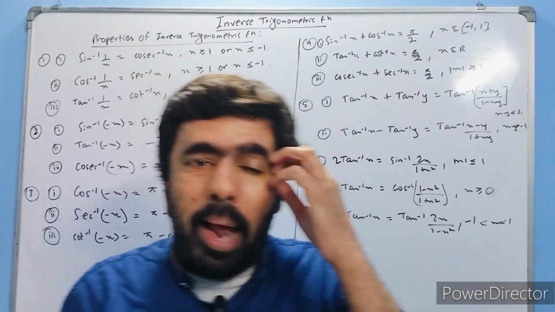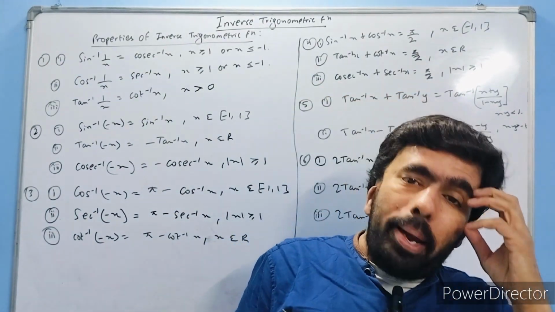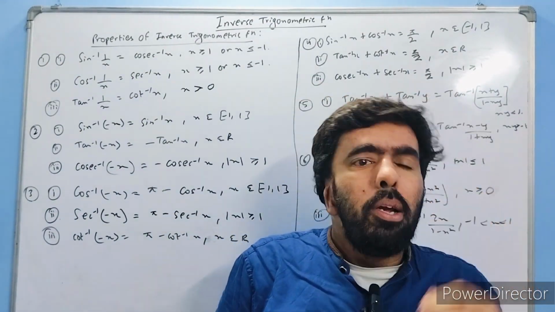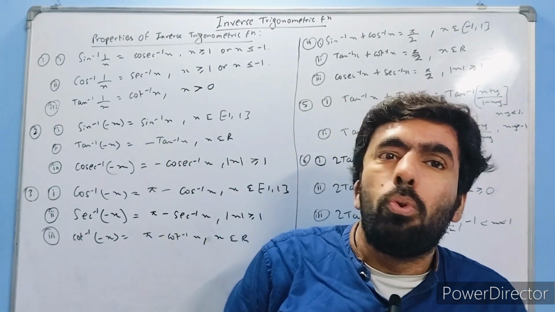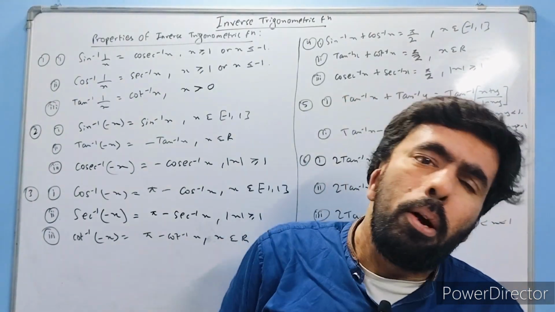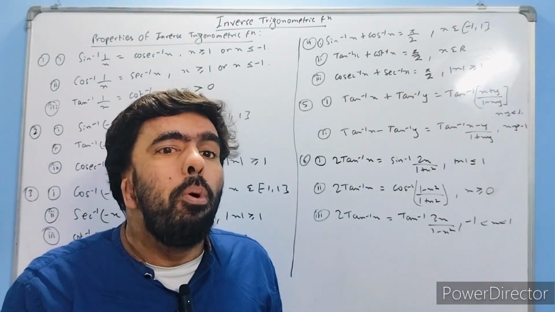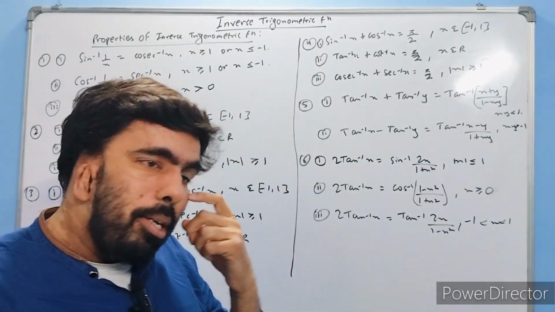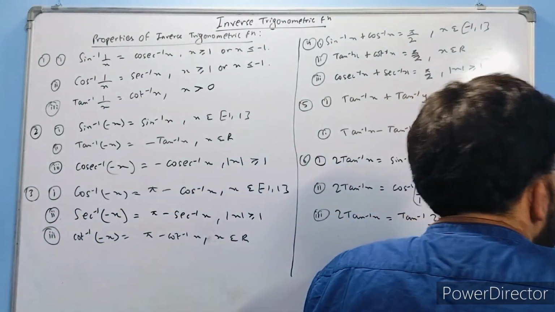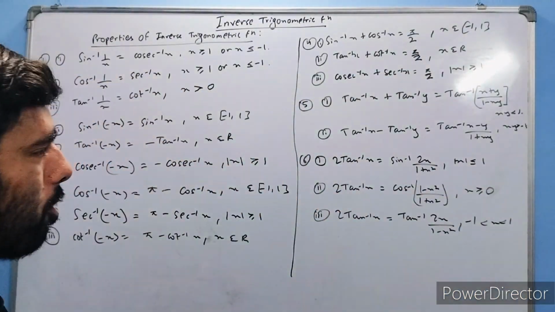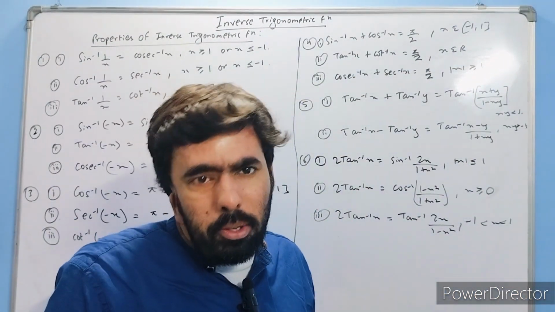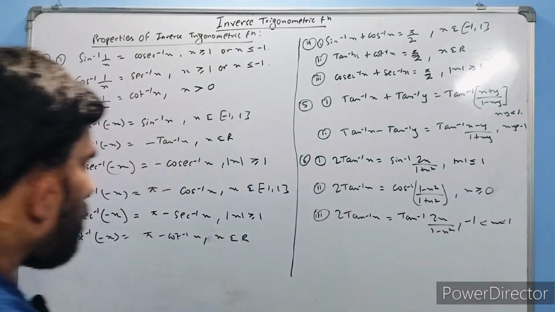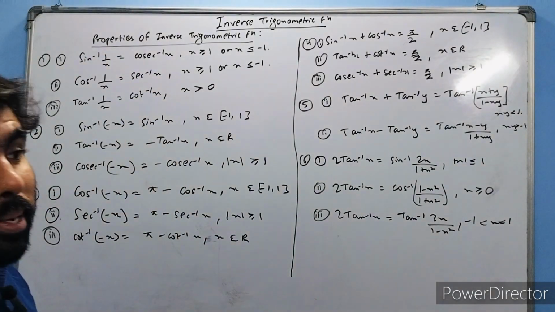Now we'll apply them in the numericals, so it will be easier to learn about these properties. Okay, so now let us try them in the numericals. These are the most important ones, because without them we won't be able to solve the numericals.